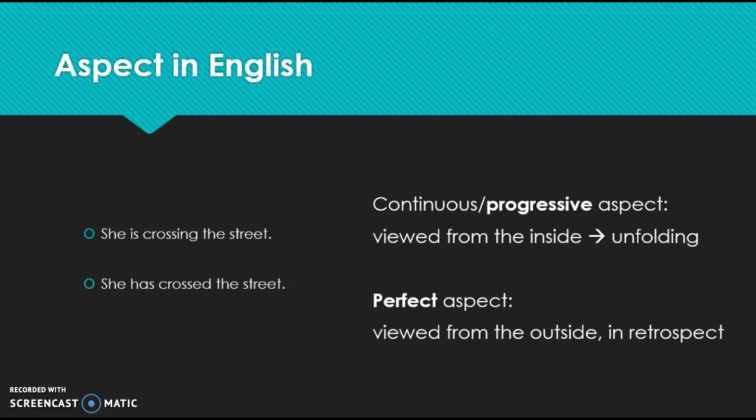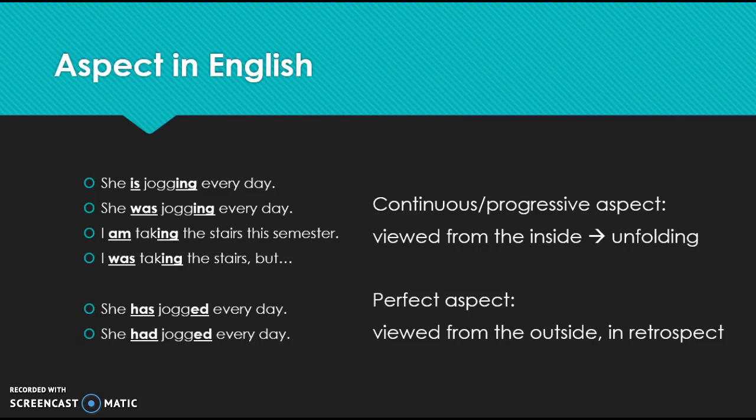Let's look at a couple more examples. She is jogging every day. She was jogging every day. You can see that in these examples, we could have present tense or past tense. But what we do have in common, there's a pattern in the form that the progressive aspect takes. Can you find it? It's bolded and underlined, right?